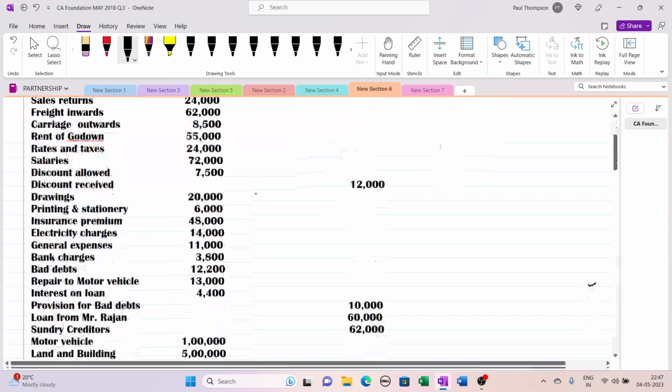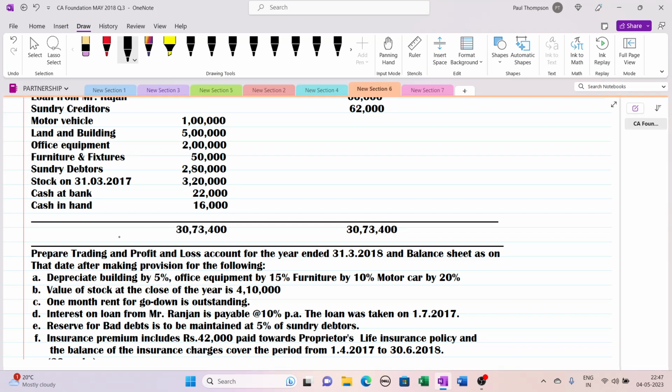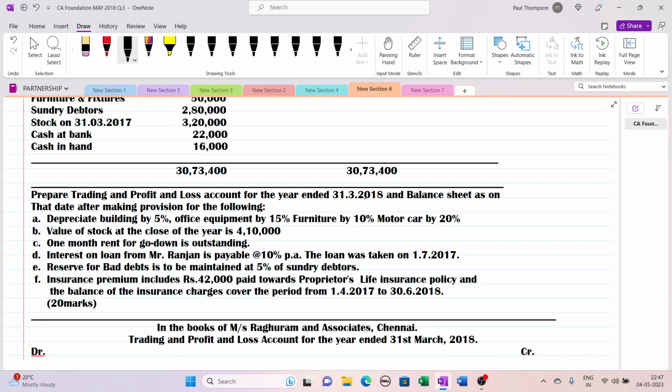Today we are seeing this final accounts. They have given the trial balance with various items, and they have asked us to prepare trading and P&L account for the year ended 31st March 2018 and balance sheet after making the provision for the following.